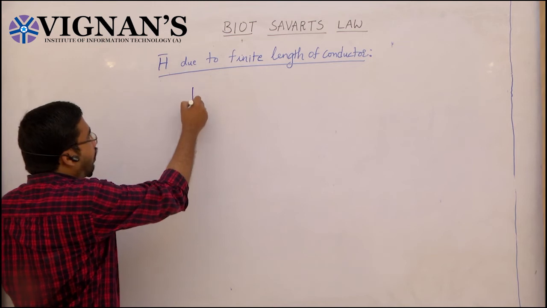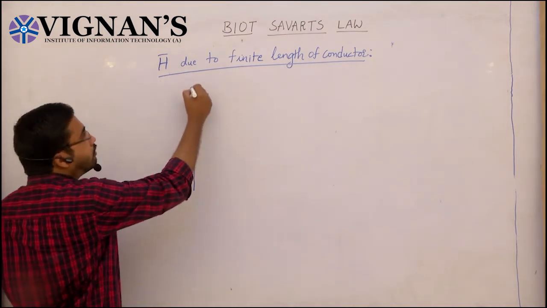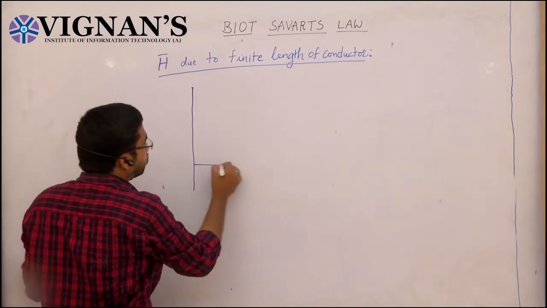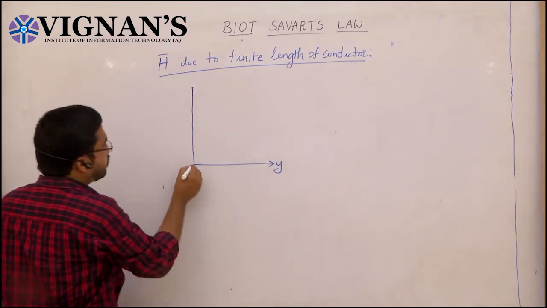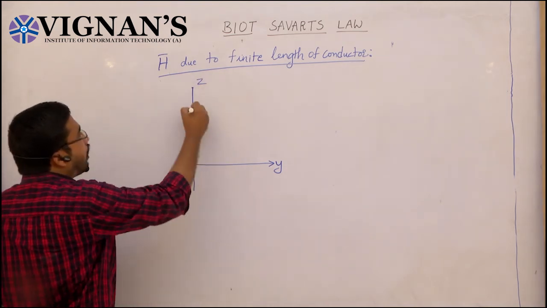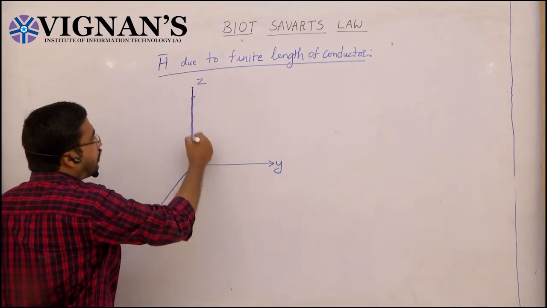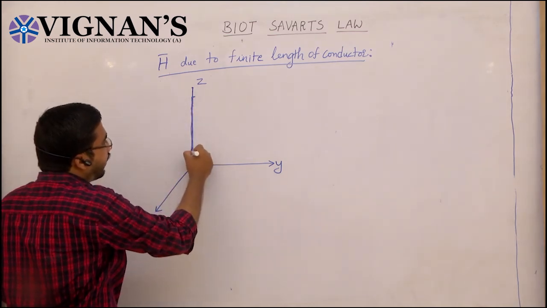So consider a long straight current carrying conductor on z-axis. Again same assumptions. Take this as y-axis, this is x and this is z. So on this z-axis I am placing a conductor of a finite length.